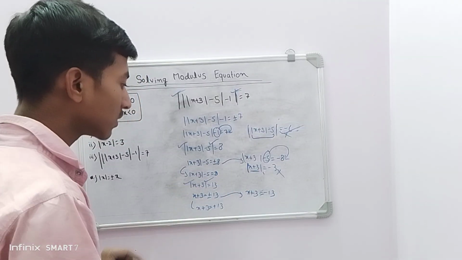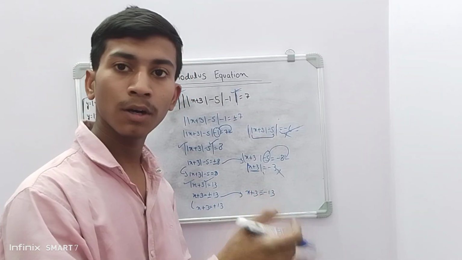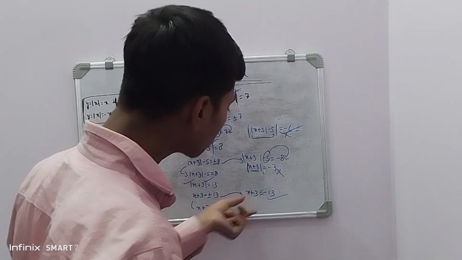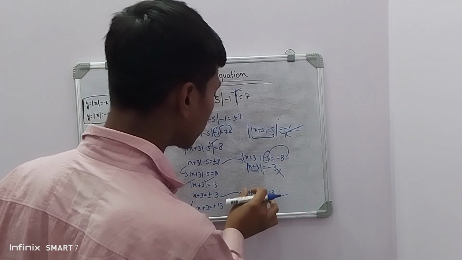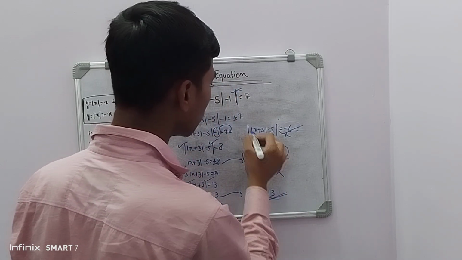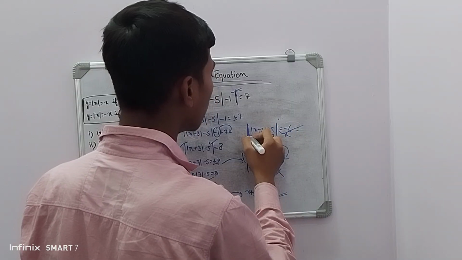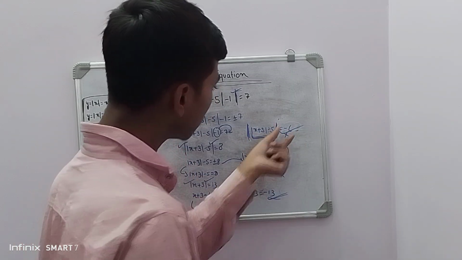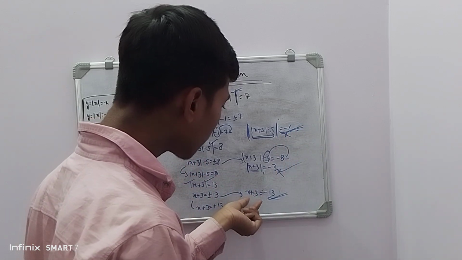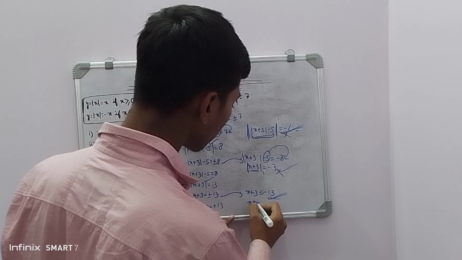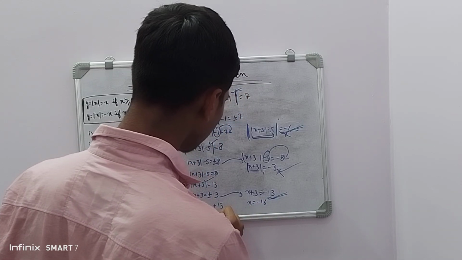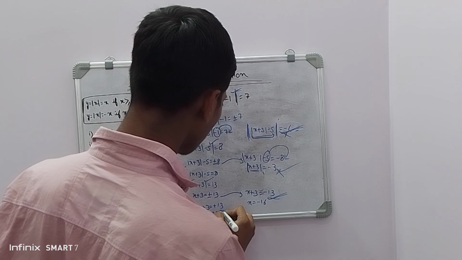And solving these two cases, your misunderstanding can lead you to think this is not possible, but here you see, is there any mod? There is no mod, so this is the possible case. In the earlier cases we had the mod, and mod cannot give the negative value. This is why those are not possible. But here we haven't any type of mod, so you will get x is equal to minus 16, and in this case you will get x is equal to plus 10.